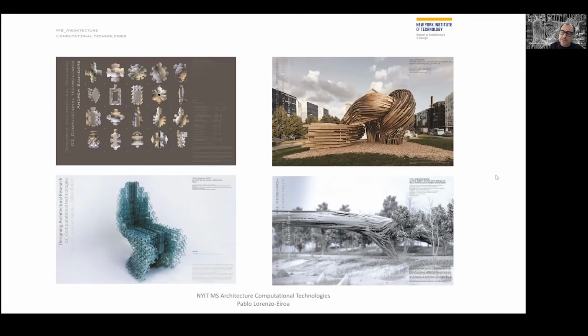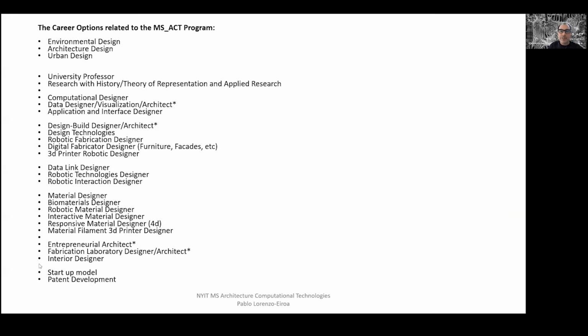with other universities. In terms of the career options that this program will allow you to explore, it's very interesting because it allows you to do a range of things that are probably unparalleled, right? You can work as many different things, not only as an architect or as an architect, designer, builder, fabricator, or develop your own fab lab, but you could also think about environmental design, urban design, university professor, research, computational designer, data designer, right?